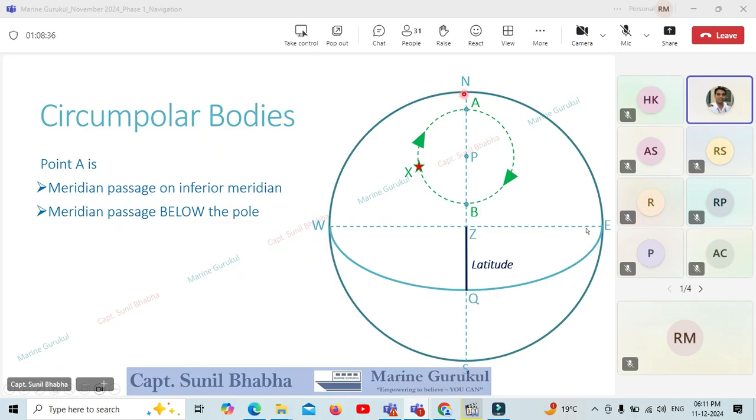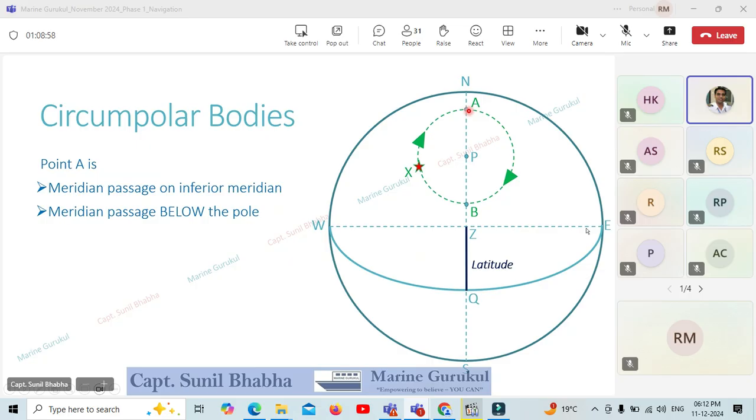We know N to P is the elevation of the pole or the altitude of the pole. N to A represents the elevation or altitude of the body at the time of meridian passage on the inferior meridian.